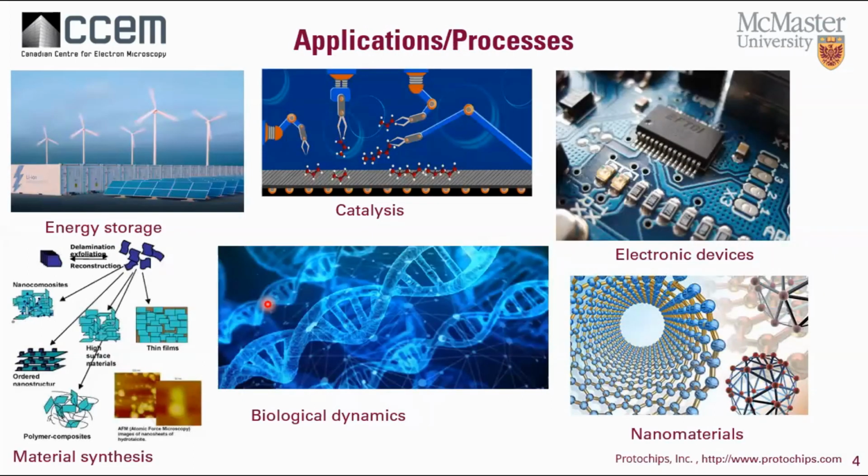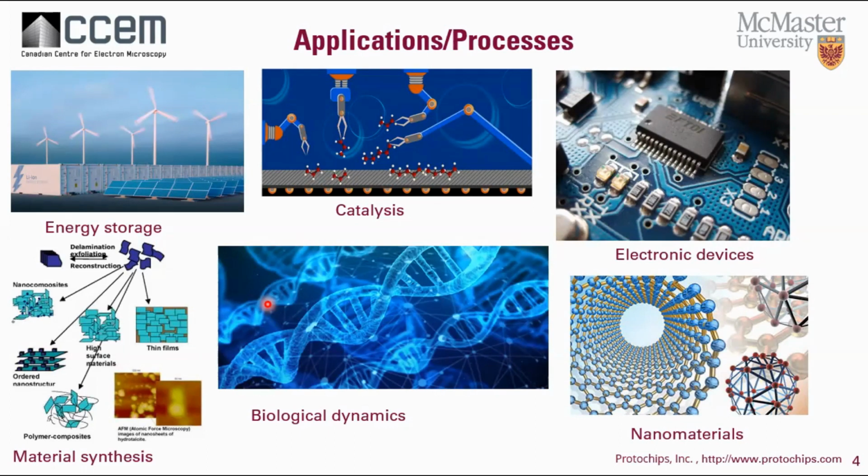So in which applications can we use liquid cell microscopy? In energy storage, there is a need to understand and characterize the energetic reaction of materials. We can directly image key processes, like the reaction during the battery operations and chemical changes in electrode materials.